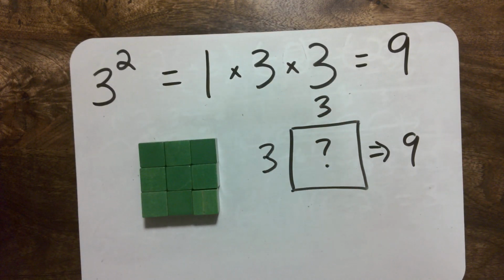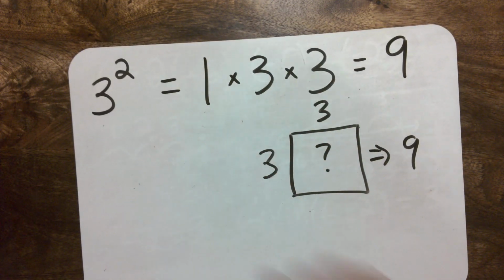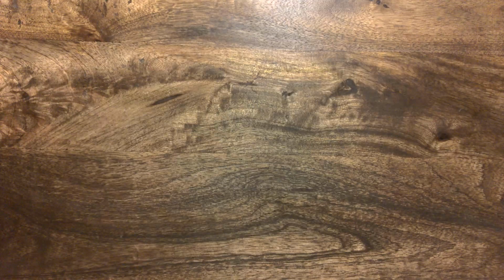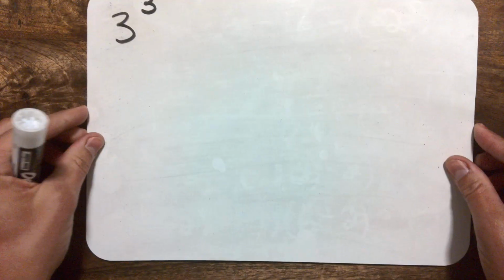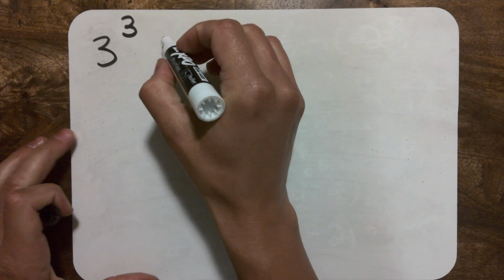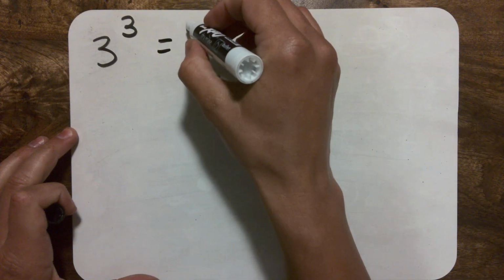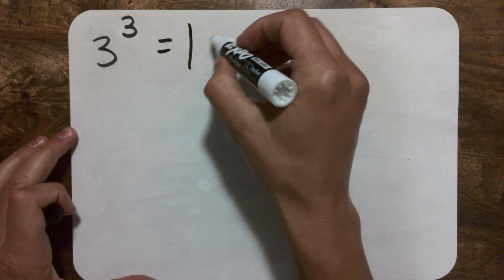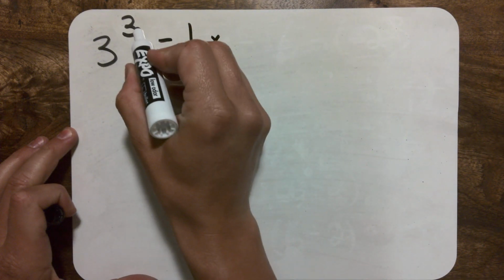So that was 3 squared. The next example we'll look at will be 3 cubed. Again, how we want to interpret this is we're multiplying 1 by 3, 3 times.